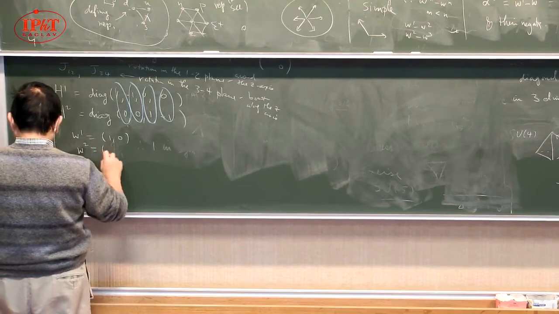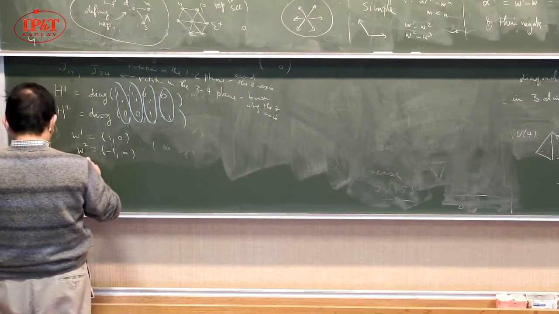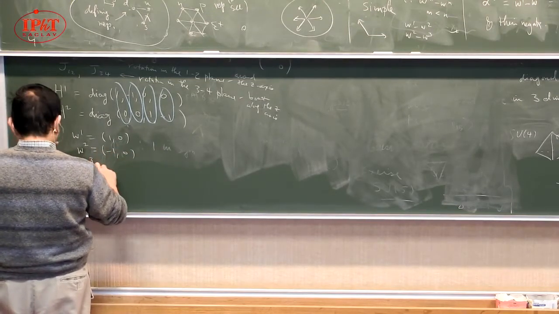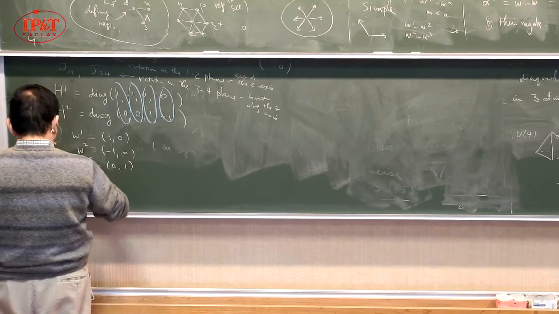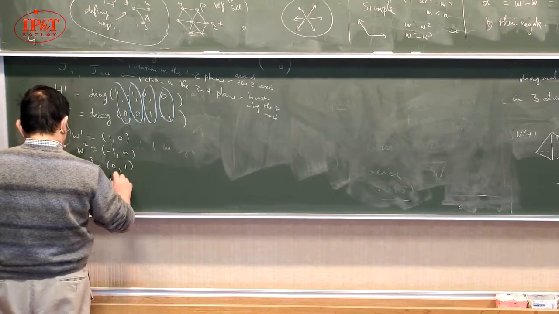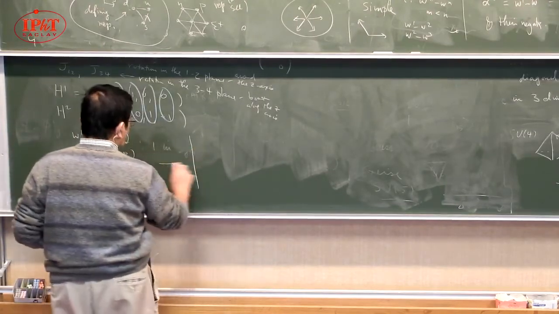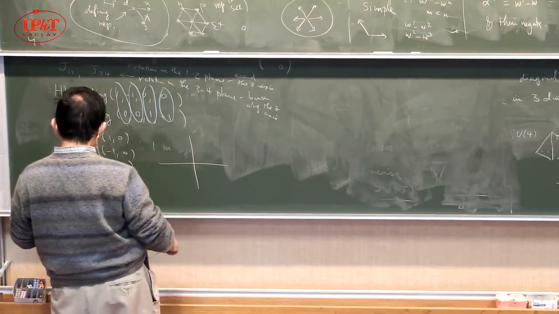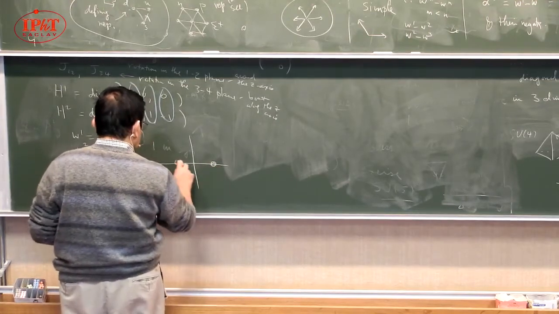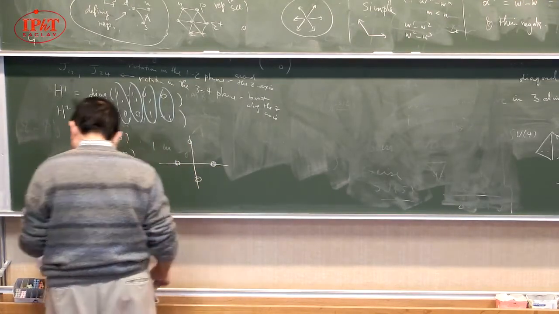W2 is minus 1, 0. W3 is 0, 1. W4 is 0, minus 1. Okay. So the weights are them, this guy, this guy, this guy, this guy.